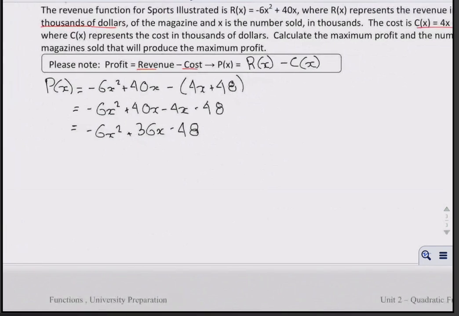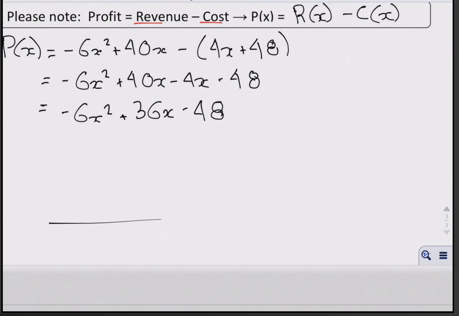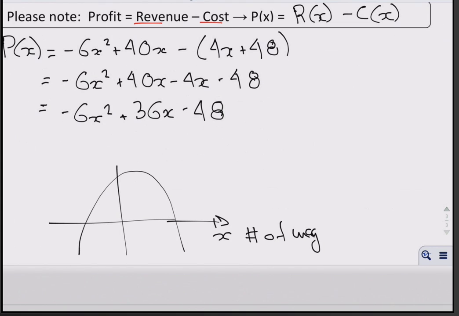So profit, well, it's a parabola, and it's going to open down because of the negative 6 in front. So it's going to be something like this. On the x-axis over here, I have the number of magazines sold. And on the y-axis, I have my profit in dollars.